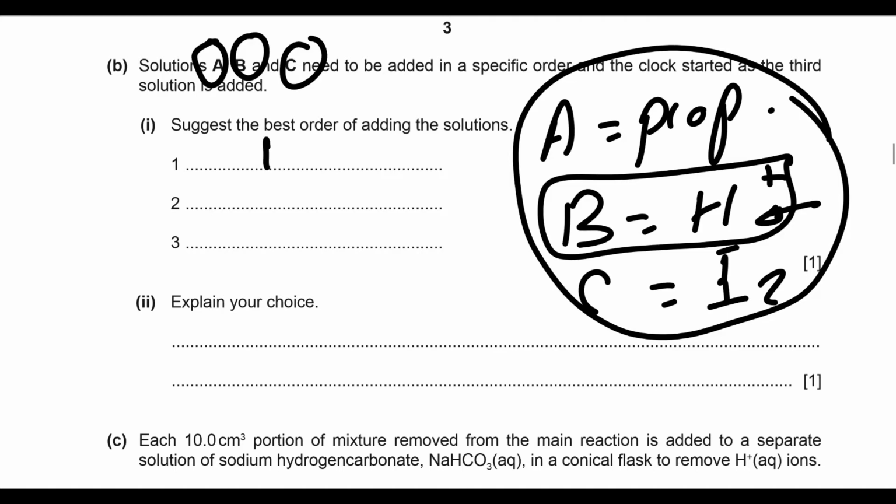So you may add B, then A. So you have mixed A and B together, then you will add the C. Or you may add B, then C. At the end, you will add the A and the reaction will start.